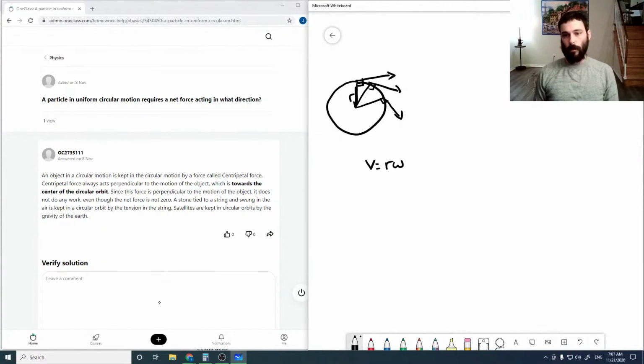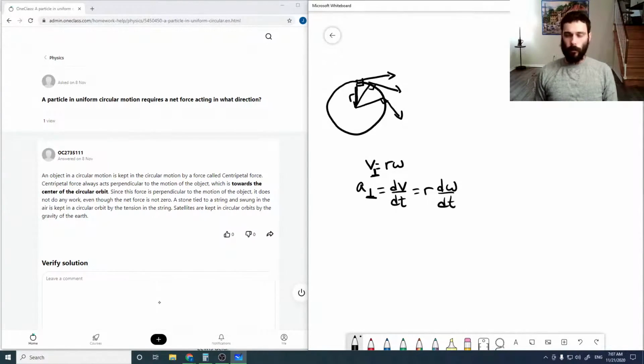and so A, our acceleration, so this is our velocity perpendicular to the R. So our acceleration perpendicular is dv by dt, which is R d omega by dt.